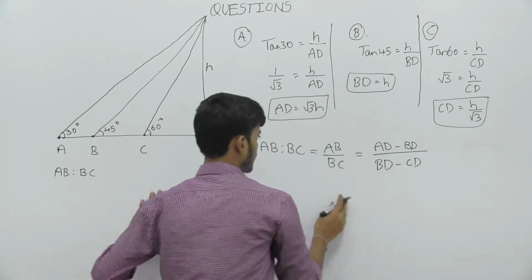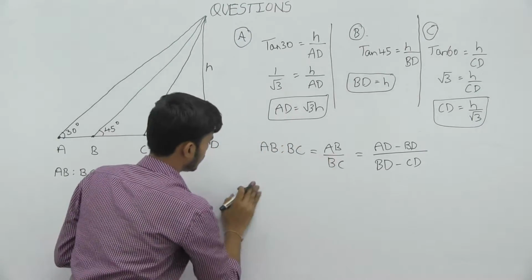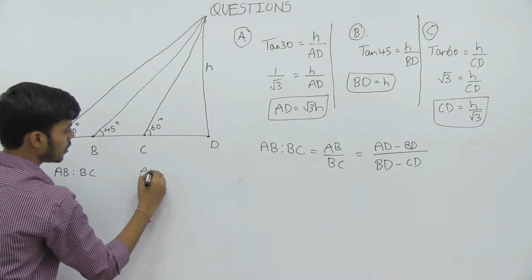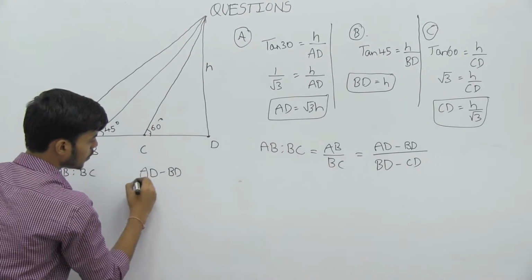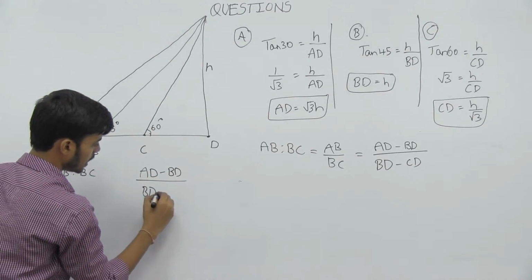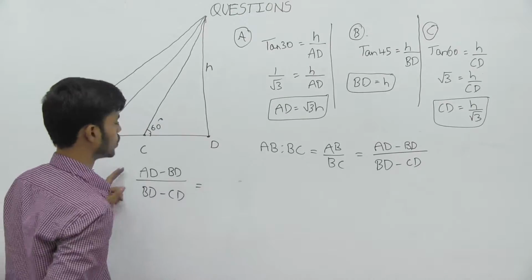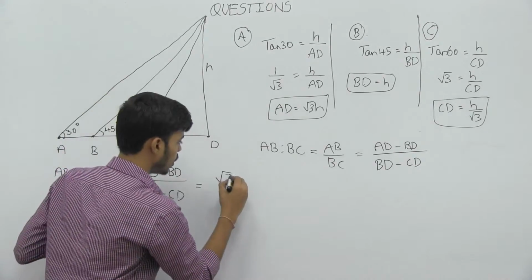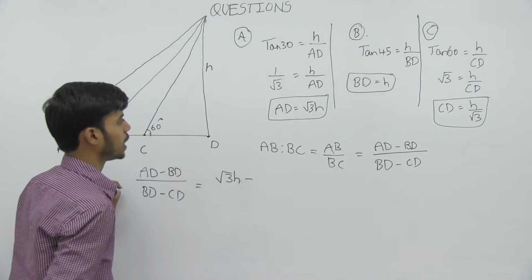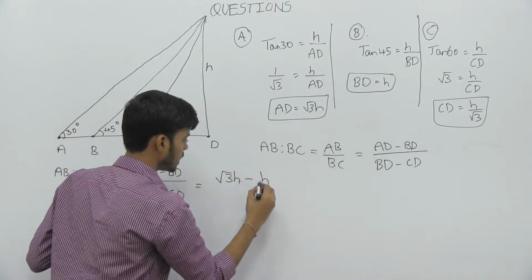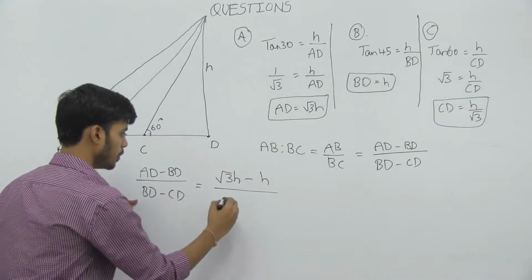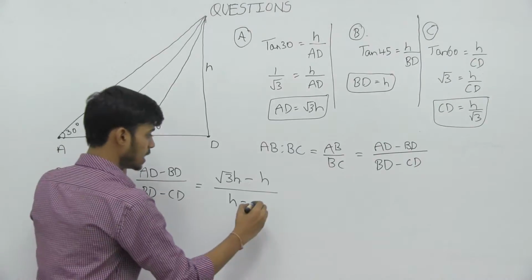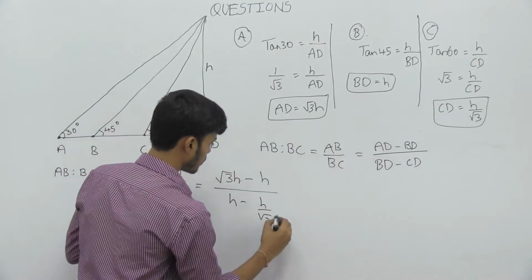So simplifying, AD minus BD by BD minus CD is equal to, value of AD is root 3h minus value of BD is h, divided by BD is h minus CD is h by root 3.